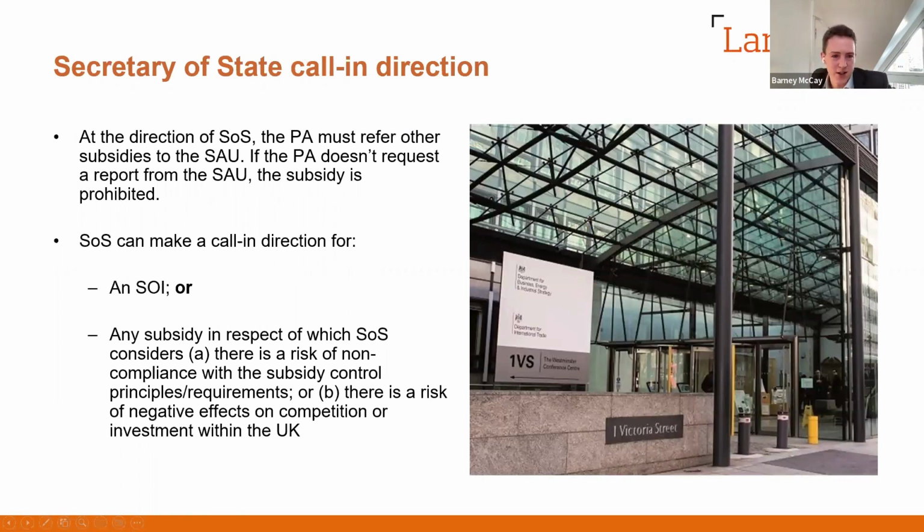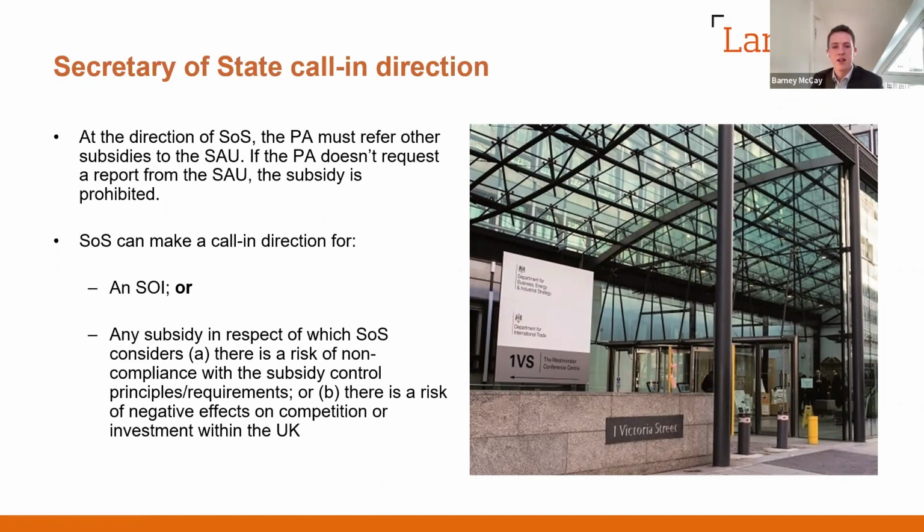What about call-in directions? Call-in directions provide an additional route of referral to the Subsidy Advice Unit before the subsidy award can take place. So under a call-in direction, the Secretary of State can direct a public authority to refer its proposed award to the unit. And again, if the public authority fails to do that, the subsidy is prohibited.